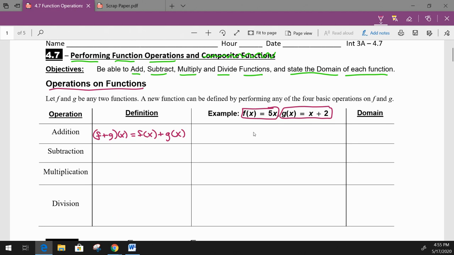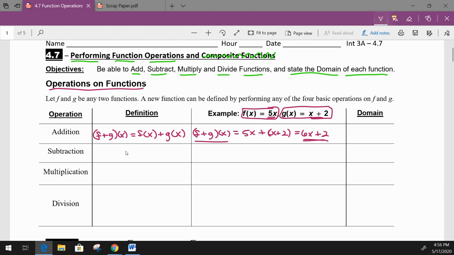If you are asked to find f plus g of x, you're basically taking what f of x equals, which is 5x, plus what g of x equals, which is x plus 2. Since you're adding, the parentheses are really unnecessary. You just add like terms. 5x plus x is 6x, and then we have a positive 2. So we've created a new function now. f plus g of x equals 6x plus 2.